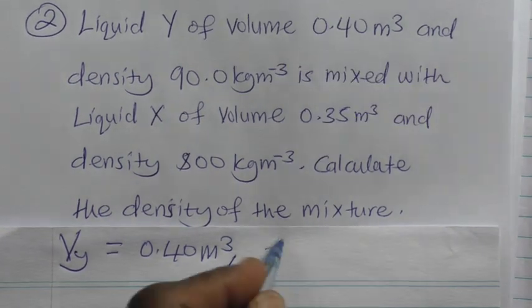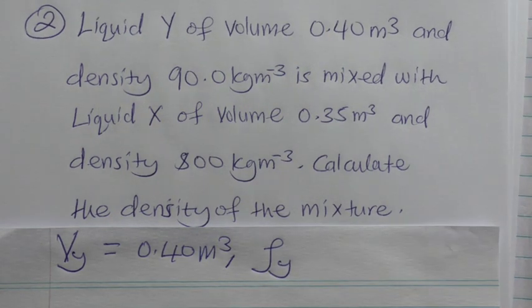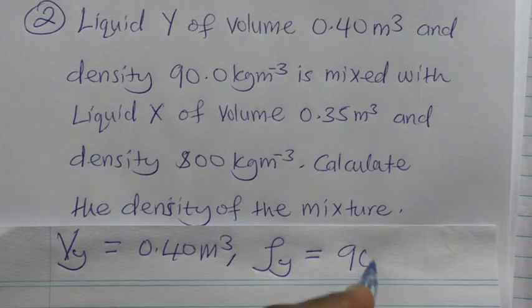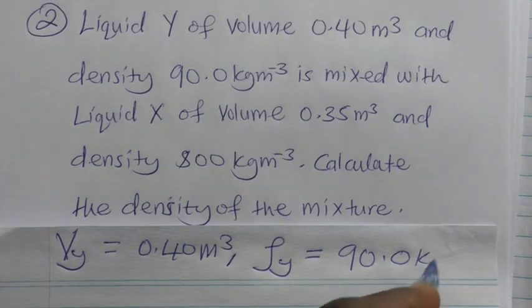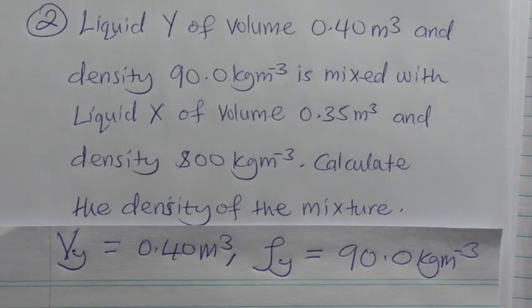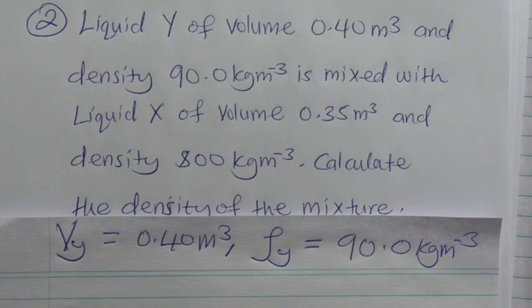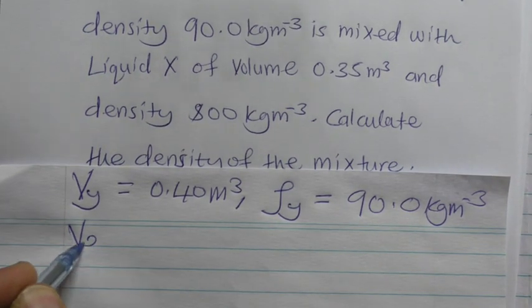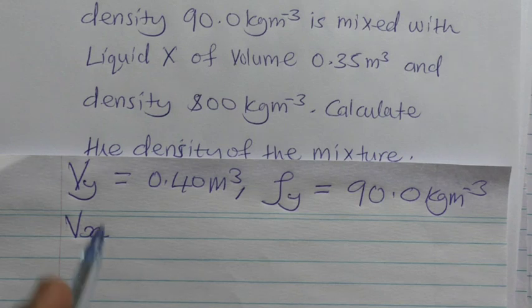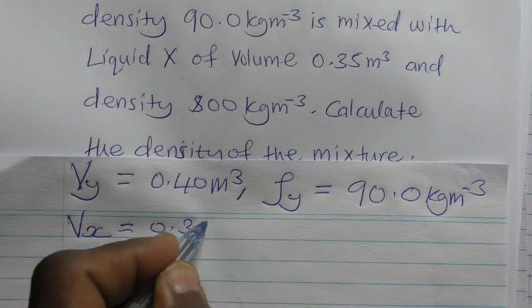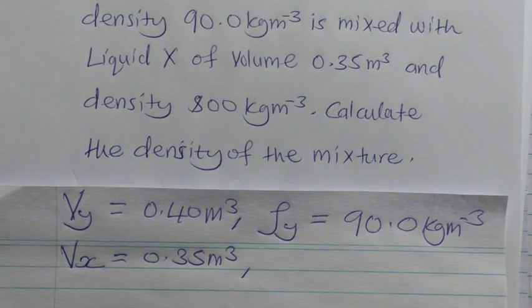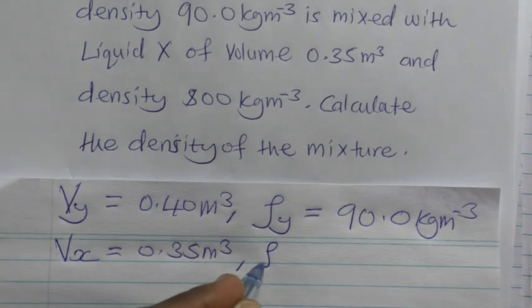We are given its density, that is the density of Y, as 90.0 kilograms per meter cubed, is mixed with liquid X. We have the volume of X as 0.35 meters cubed, whose density is 800.